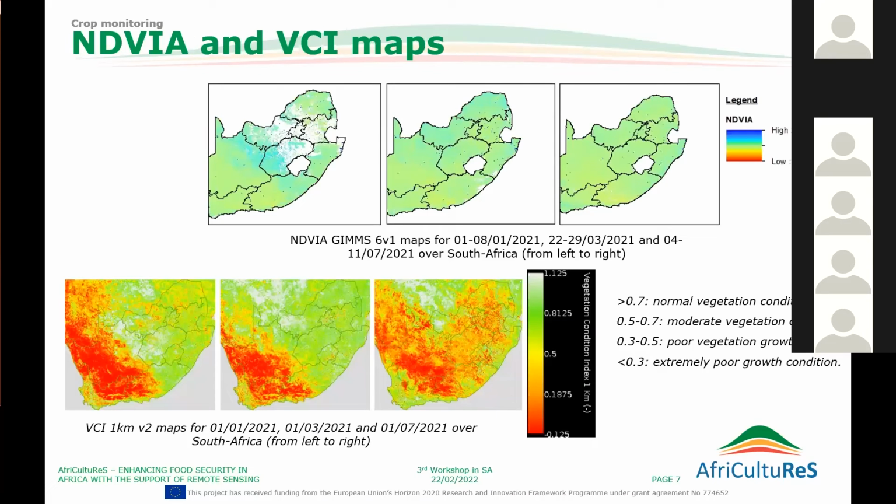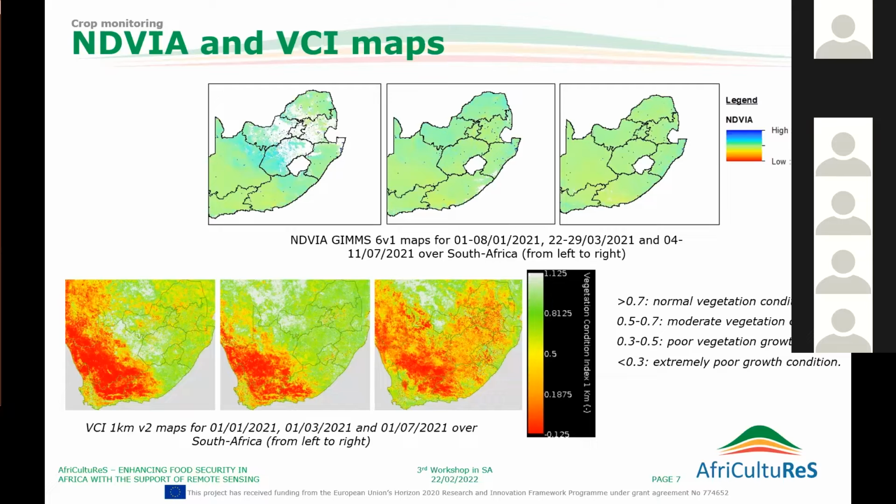Here you can see some examples covering South Africa. On the top is the medium resolution NDVI anomaly. It ranges from -1 to +1. Positive NDVI anomaly means that there is enhanced vegetation condition, while negative is rather poor.